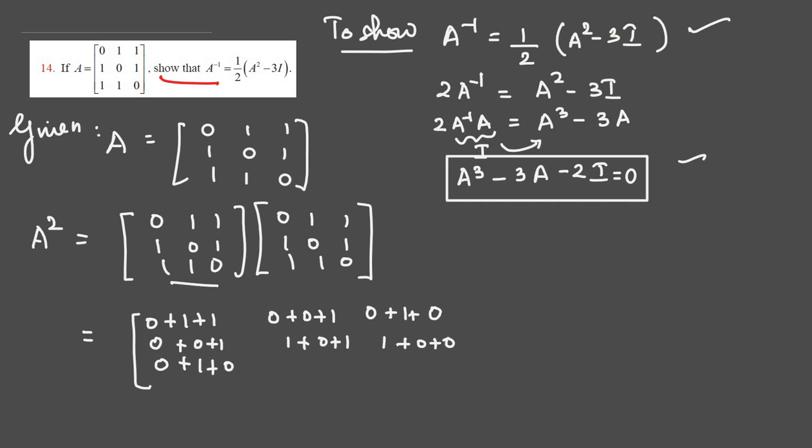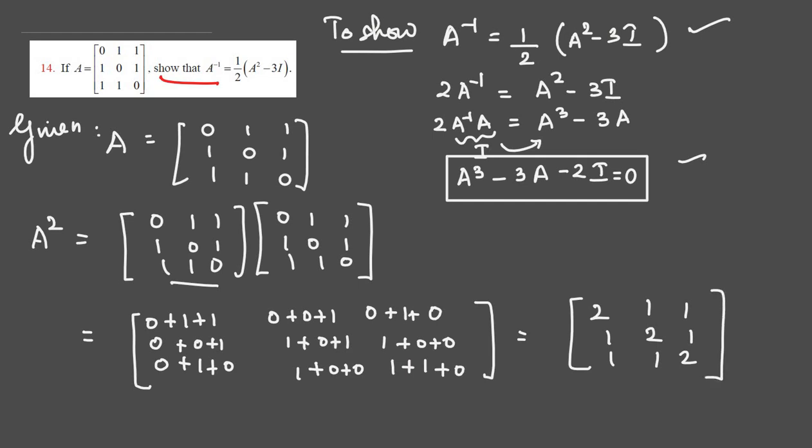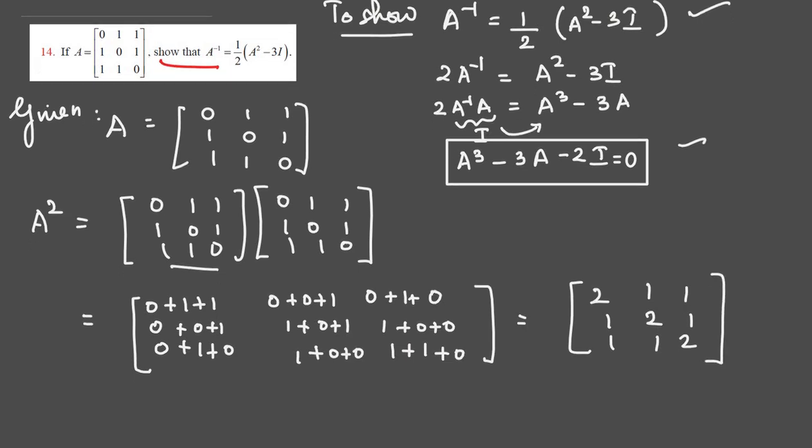Third row, second column will be 1 plus 0 plus 0. Third row, third column, 1 plus 1 plus 0. So this gives us the matrix 2, 1, 1. Second row will be 1, 2, 1. Third row will be 1, 1, 2. This is the value for A square.